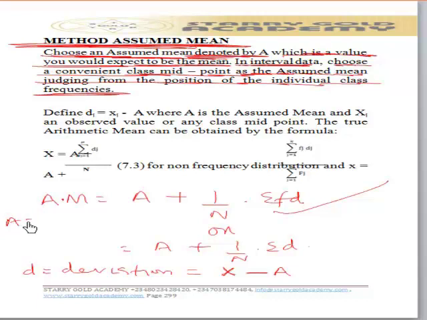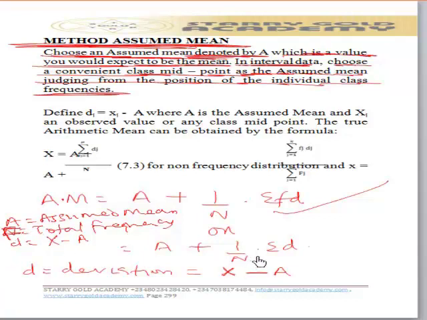The A here represents the assumed mean. N is still the total frequency as we have known, and D is equal to x minus A, which is x minus the assumed mean.